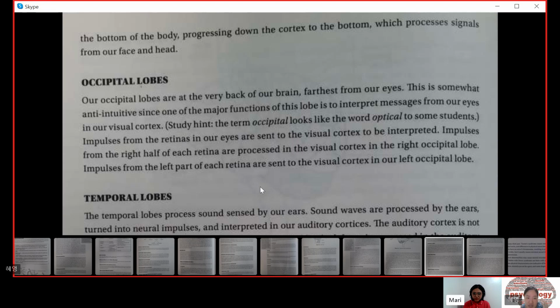Impulses from the left part of each retina are sent to the visual cortex in our left occipital lobe.